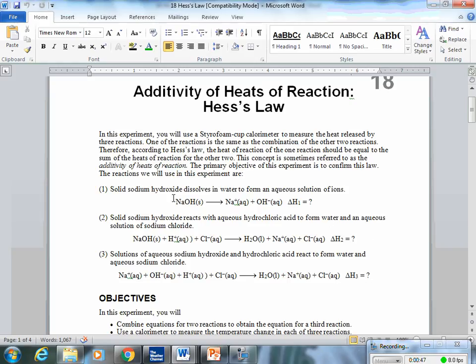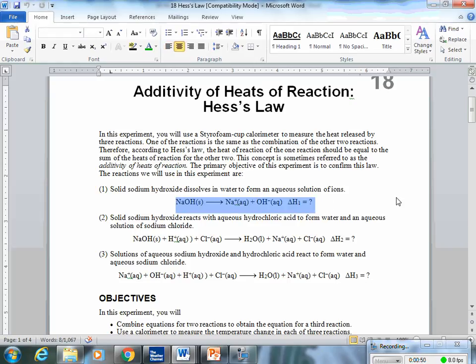If you look, here is the very first reaction that you're going to see. Solid sodium hydroxide dissolved in water to form aqueous solutions of sodium ions. The second reaction is solid sodium hydroxide reacting with an aqueous solution of hydrochloric acid. So that's hydrochloric acid that is dissolved in water. Okay, so you're going to form water and an aqueous solution of sodium chloride.